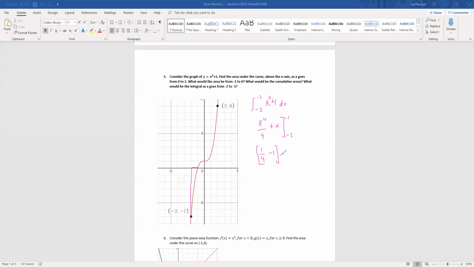And then I have to subtract, and plug in -2. Well, -2 to the power of 4 is 16, and 16 fourths is 4, and then 4 minus 2 is 2. I'm going to make sure I did that correctly. Give me just a second to check this. Yes, so we're good. Now remember, 1/4 minus 1 is -3/4.